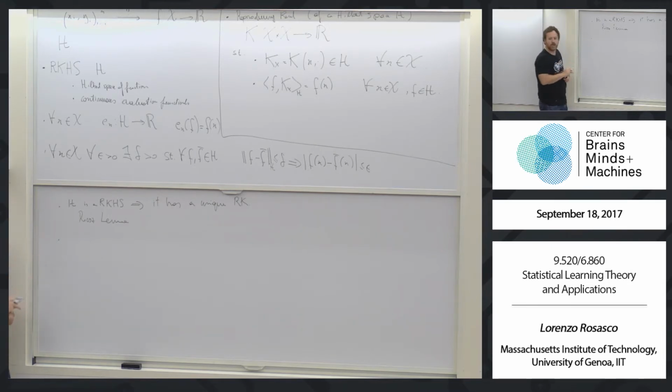We actually looked a bit at the opposite connection, which is if I give you a Hilbert space with a special function, a reproducing kernel, then that space is a reproducing kernel Hilbert space.